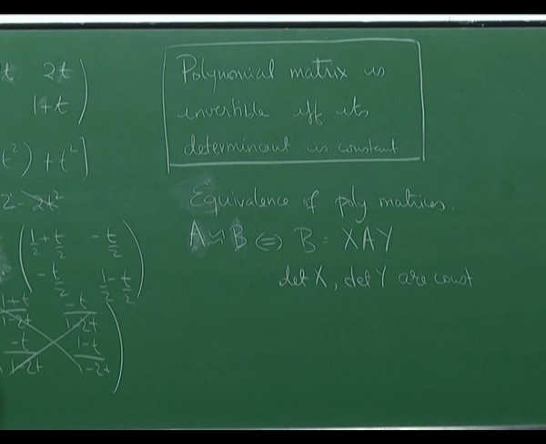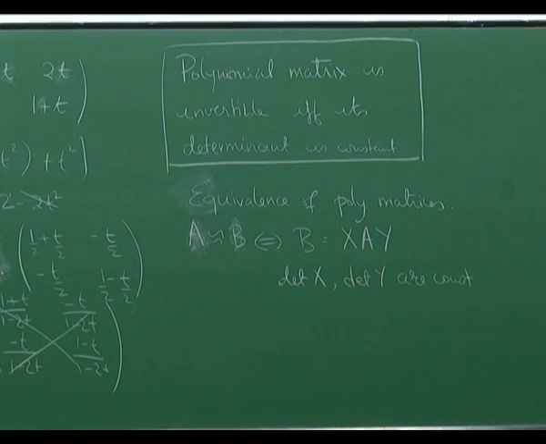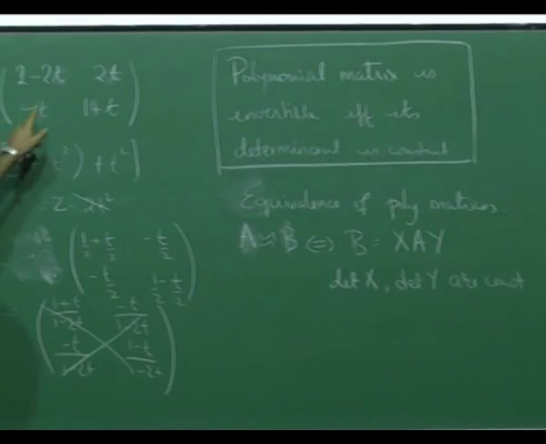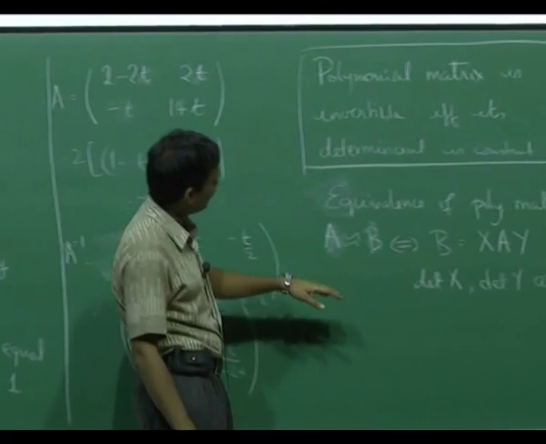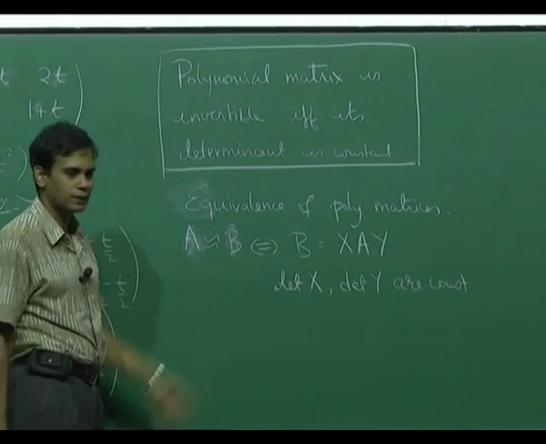So, this is something which is invertible. When I put plus instead of minus here, it is not invertible. Okay. So, now what we want to do is try to find canonical forms for such things.